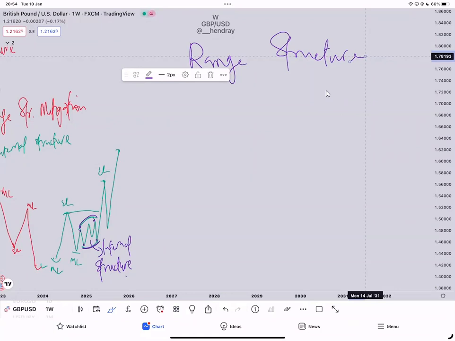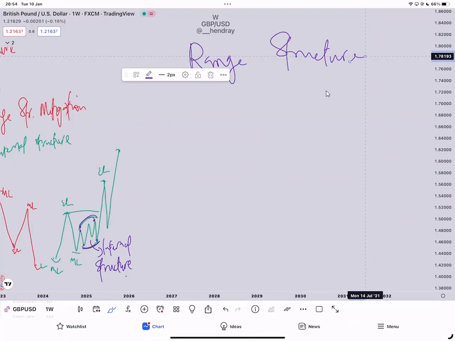Both internal structure and range structure are in the direction of the trend, but one of them happened externally while the other happened internally. Range structures are the ones found externally without having a deep pullback into the structure. That clause is very important: without having a deep pullback into the structure.